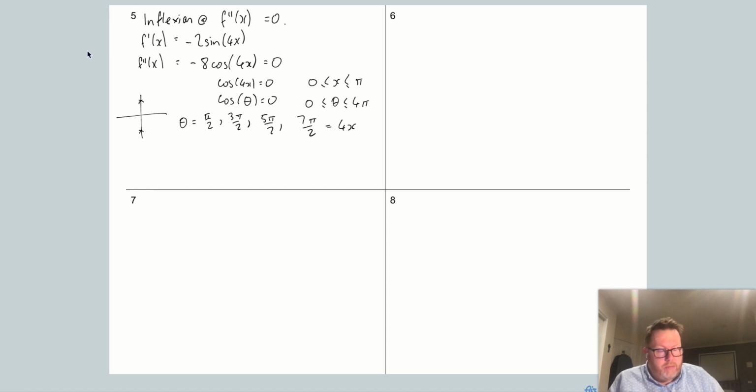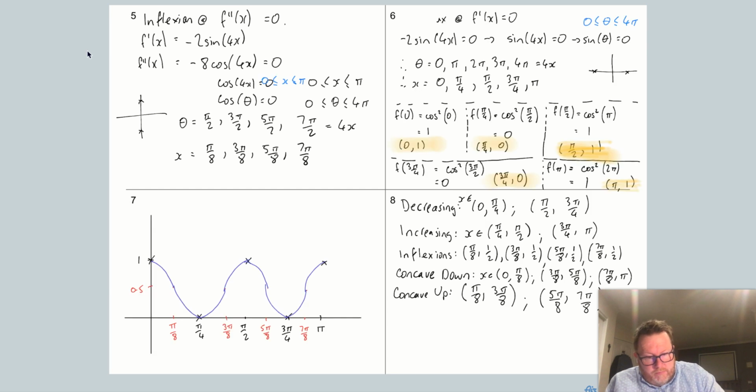So we'll divide everything by 4, and we would get pi on 2 divided by 4, or pi on 2 times a quarter. So that would be pi on 8, 3 pi on 8, 5 pi on 8, and 7 pi on 8 as our x coordinates, which is what we've got here.